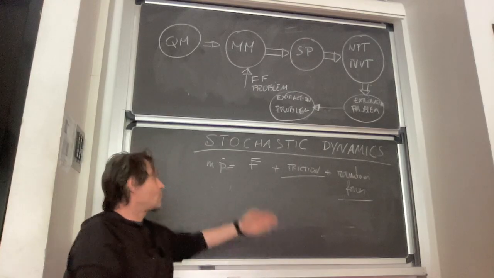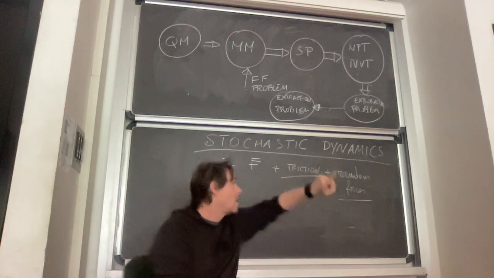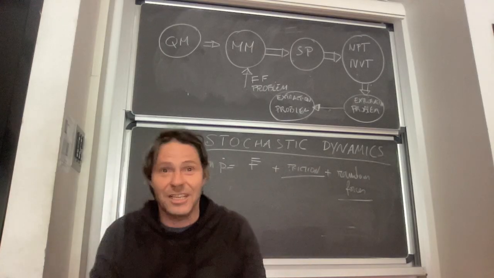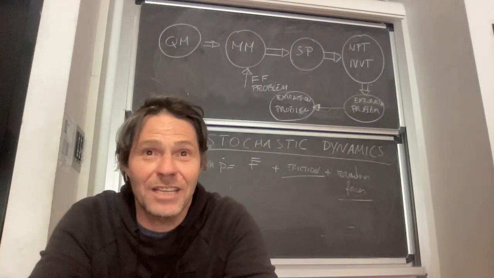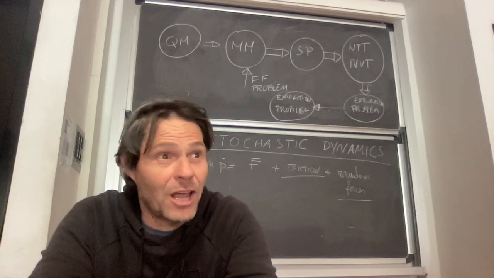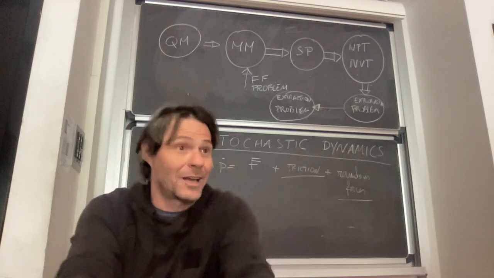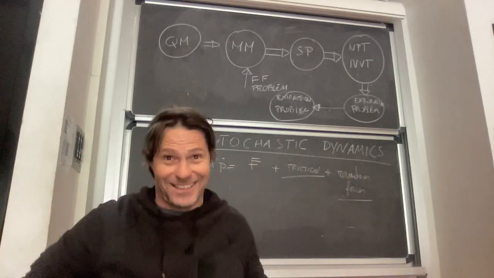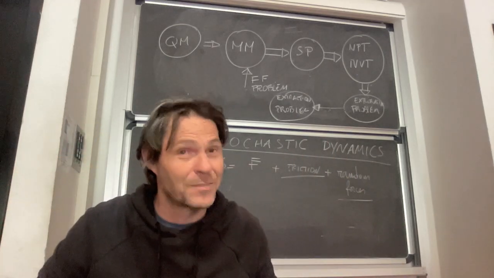Now it turns out that stochastic dynamics contains friction. Friction contains velocity. How many derivatives does velocity have? One, right? So that's irreversible, explaining exactly why you thermalize. You don't unthermalize, right?